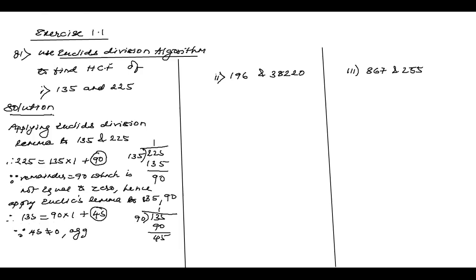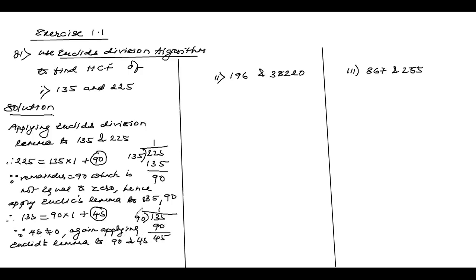Okay, again applying Euclid's lemma to 90 and 45. Because 90 was the divisor, 45 was the remainder.